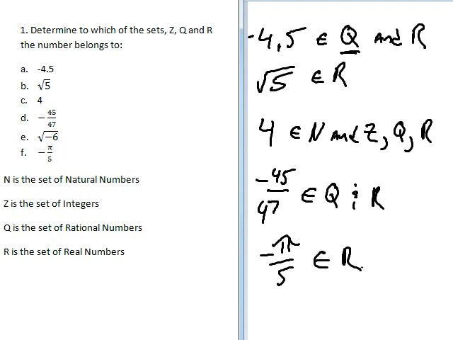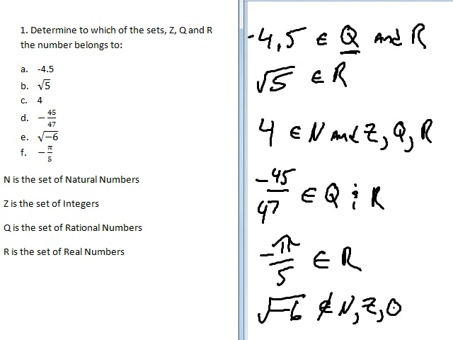Now I did leave one out, not on purpose. I left out the square root of -6. In this case, the square root of -6 is not going to belong to any of these sets. It's sort of the trick question in the group. It's not a natural number, it's not an integer, because of the whole square root part.